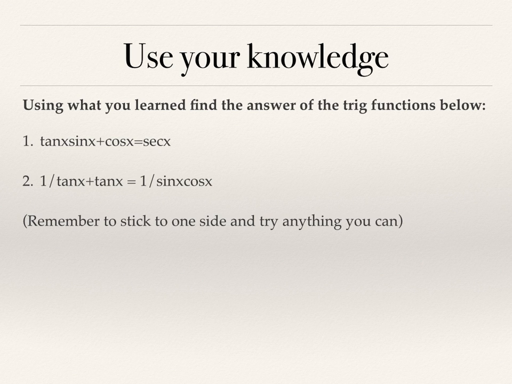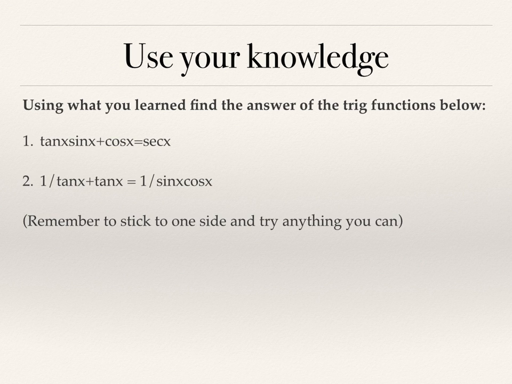Now, using what you've known, or anything that I've taught you, hopefully you got something out of it. Use what you know to find the answer to these two equations right here: tangent x times sine x plus cosine x equals secant x, and 1 over tangent x plus tangent x equals 1 over sine x times cosine x.